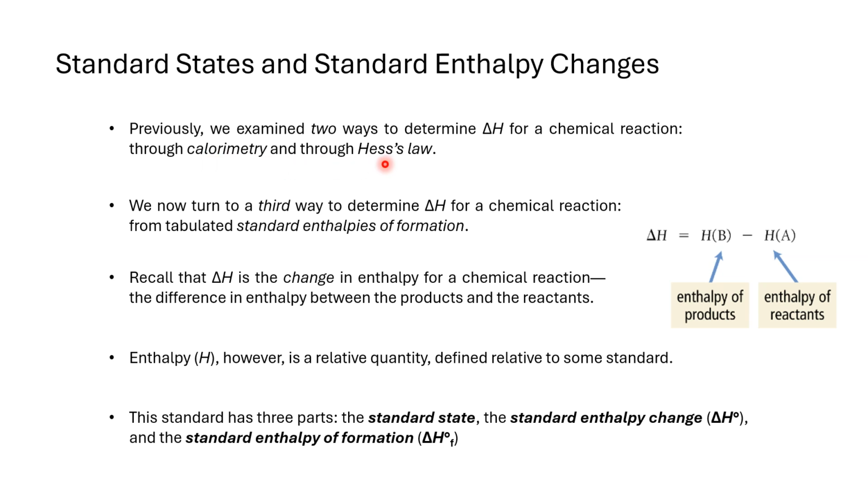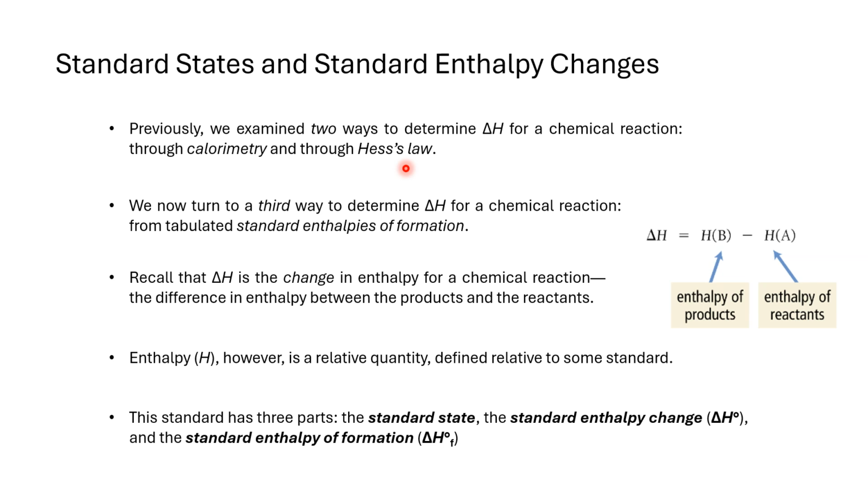For Hess's law, what did we do? In the last video, we basically took a bunch of chemical equations that were part of a series of steps that we can then add up to get to an overall equation, right? And remember how we manipulated those equations? We either had to flip them or multiply them by a certain factor, and cancel whatever was identical on each side of reactants and products.